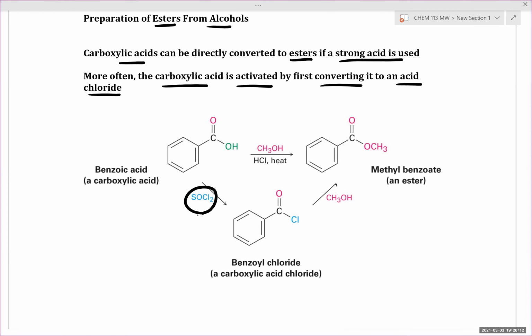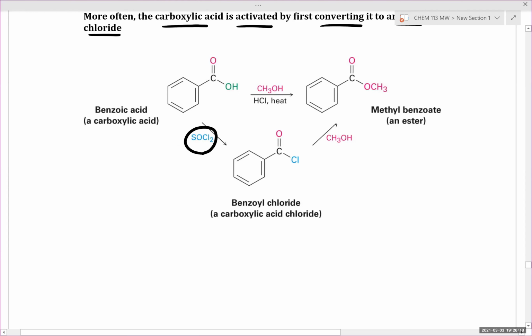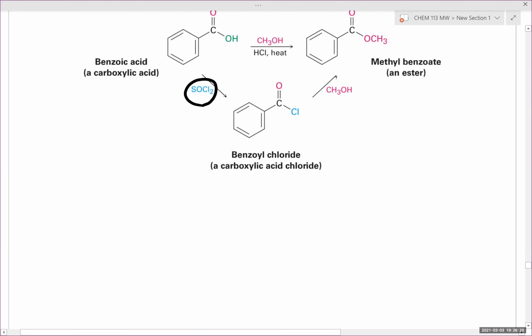So in both cases, we're dealing with a textbook carbonyl substitution. I'm going to highlight some mechanisms here, and I'm going to highlight first the mechanism for generation of an acyl chloride using thionyl chloride. So if we treat a carboxylic acid with thionyl chloride, we're able to efficiently generate the acyl chloride.